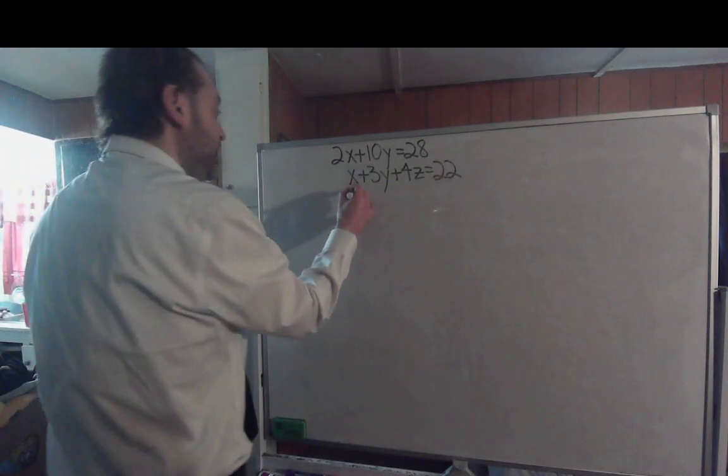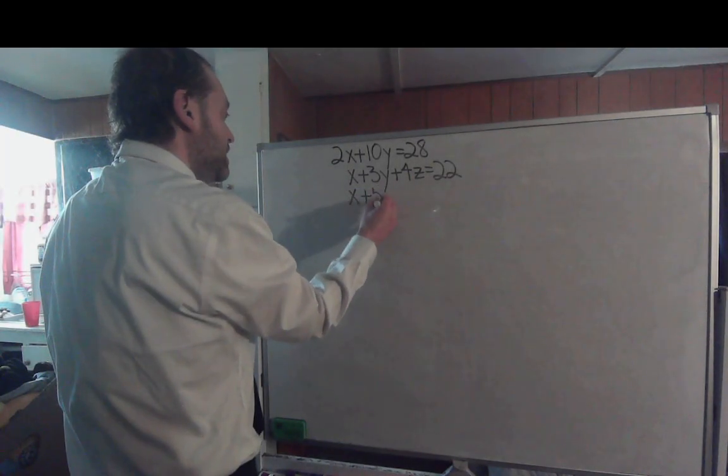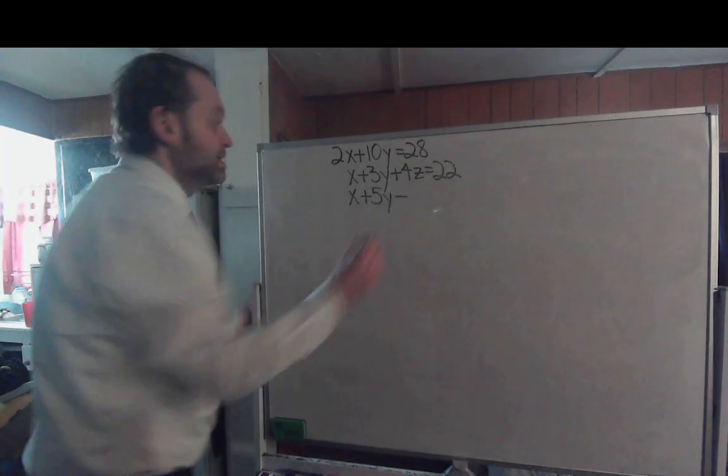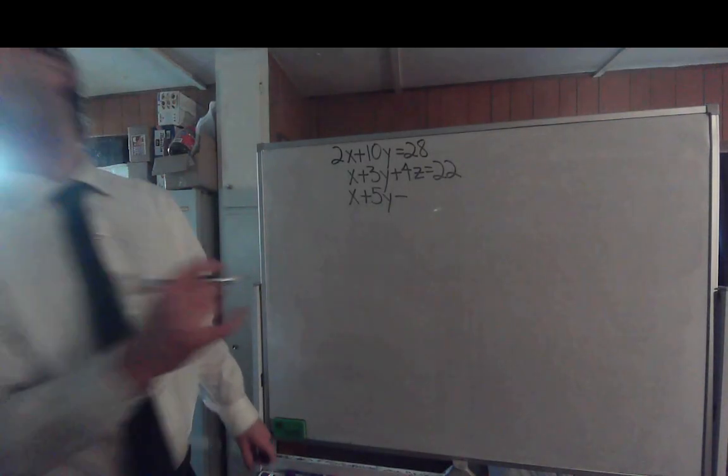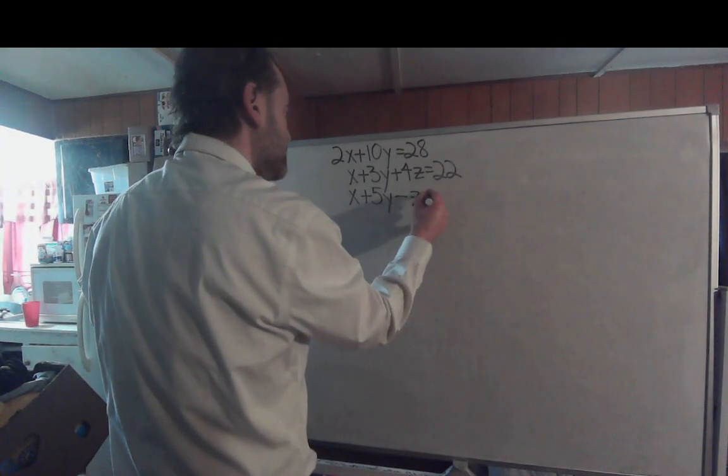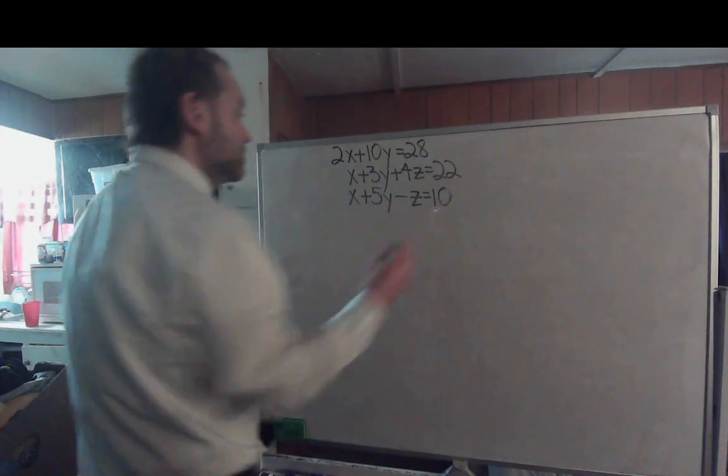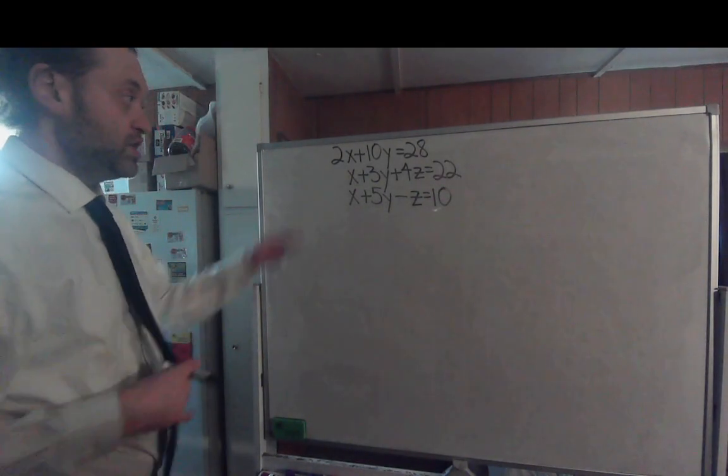Then we have x + 5y - z = 10. So here's our system of equations.